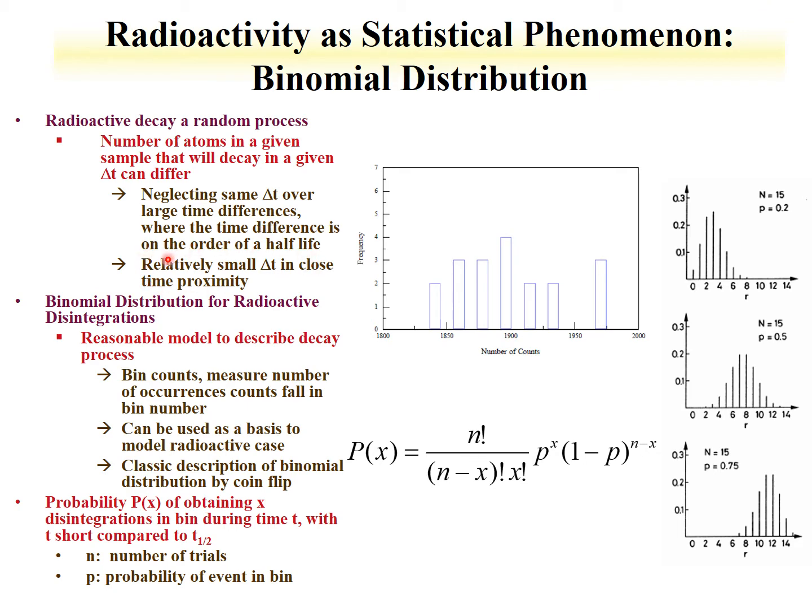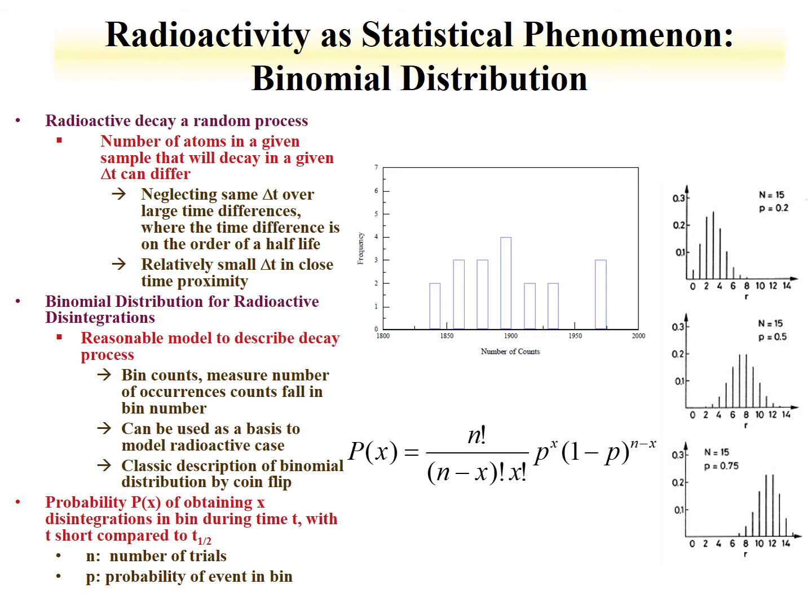This is really true for a delta t that's very different from the half-life. So this randomness gets washed out. If I have something that has a half-life of a second and I count it for 100 seconds, every atom in that sample is likely to have decayed because my count time is so much longer than my half-life. Most of the time, that's not true.